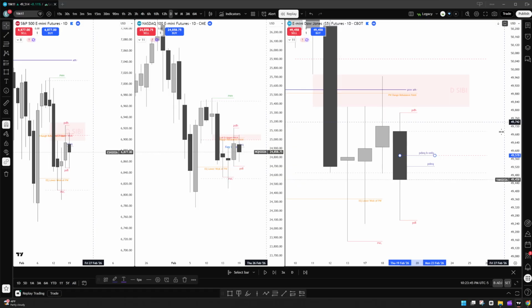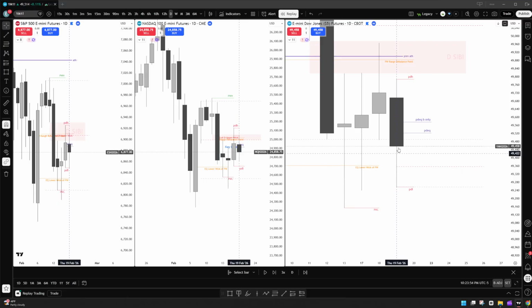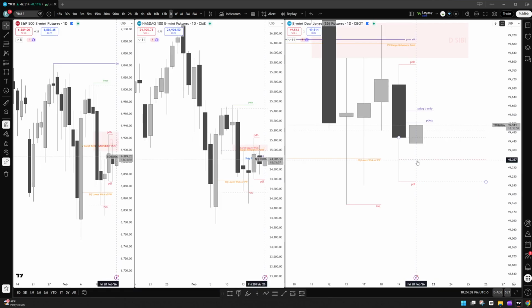There's just too much LR right here for me to believe we're gonna. Oh, I'm still in replay. Let me get out of here. Look at that. So we're already using that. Yeah, I do want to measure this.